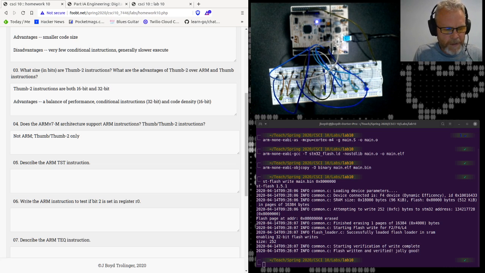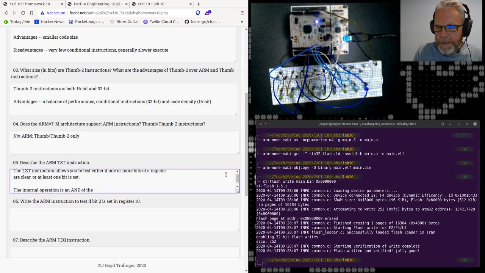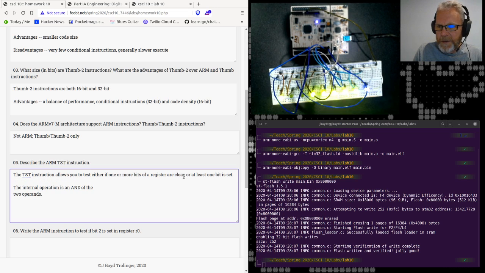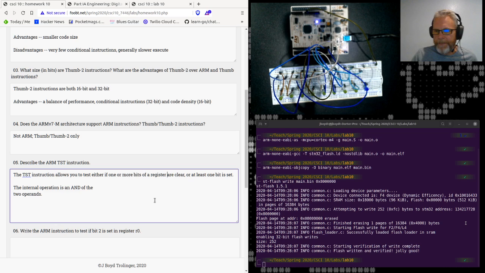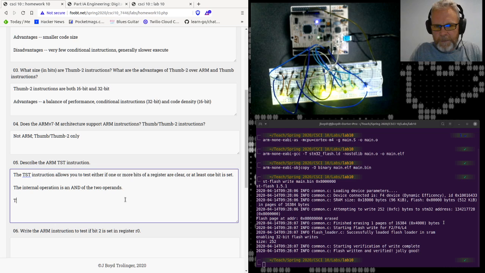I'm going to start copying some of my answers to speed myself up a little bit. So this question about the TST instruction, we just used it a whole bunch. It allows you to test if individual bits are set or not.